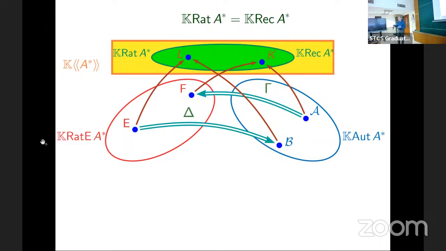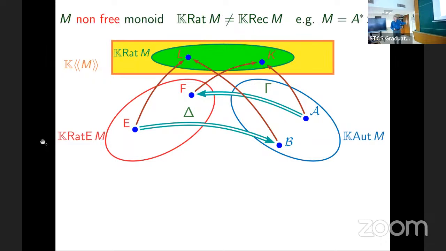So it's a richer theory, for which you also have weighted expressions and automata, and we have exactly the same result. And the same in the case of subsets with multiplicity of non-free monoids.